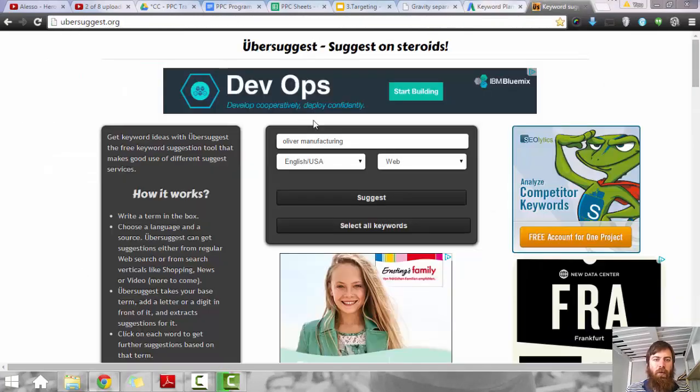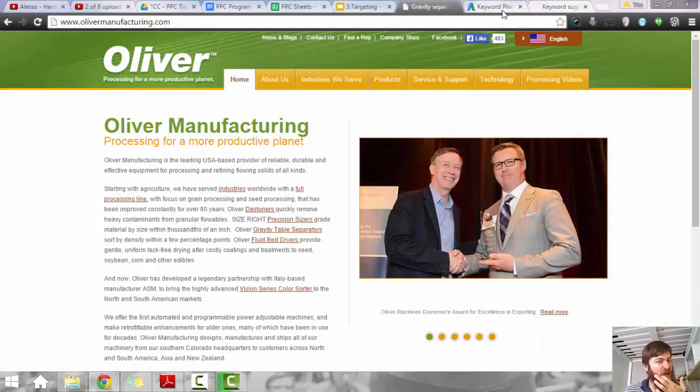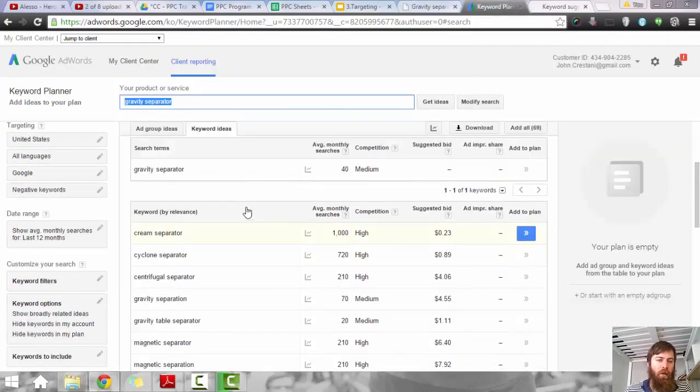And let's throw this in Uber Suggest as well. Keep in mind, there may be a ton of different types of gravity separators. Oliver Manufacturing might only sell, oh my gosh, there's not a lot here. Cream separator.